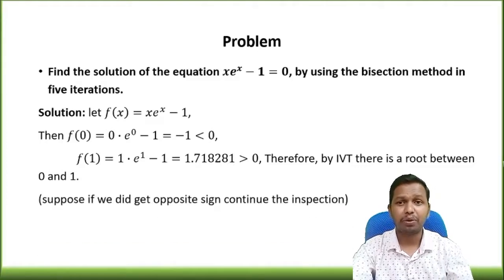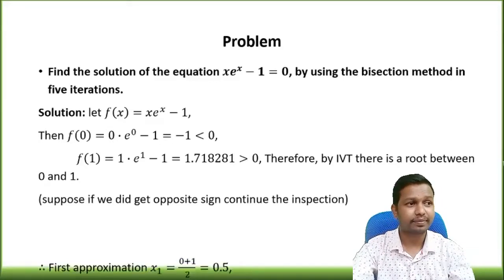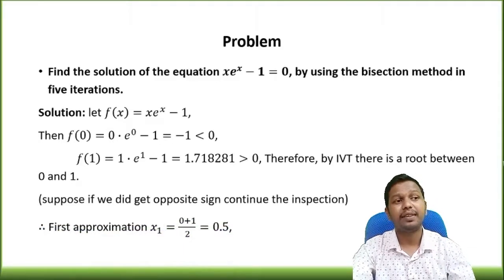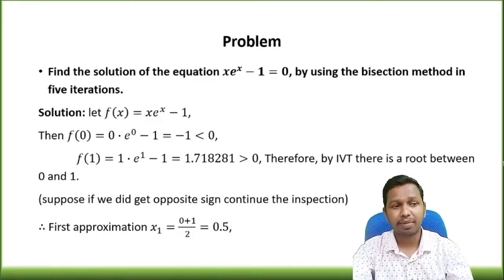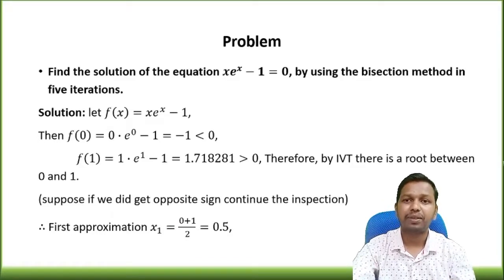Therefore, we go to find the first approximation, that is x1 equals 0 plus 1 divided by 2, which is equal to 1 by 2. 1 by 2 is nothing but 0.5.